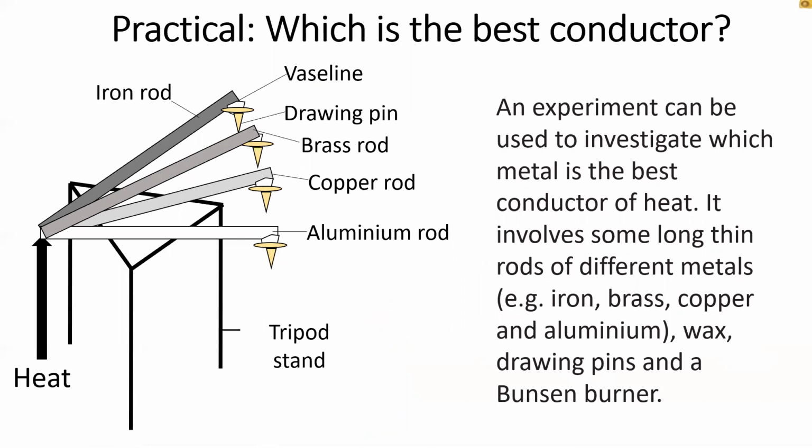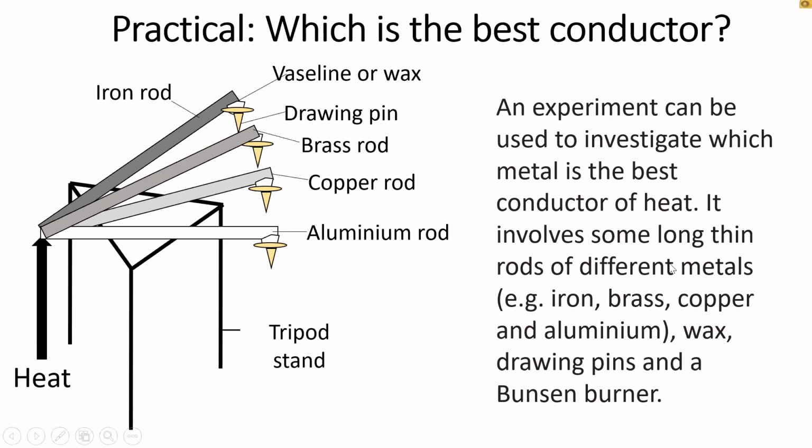So in class, your teacher might have done a practical similar to this. Sometimes Vaseline is used to adhere a drawing pin to metal rods, or alternatively, wax is used to secure the drawing pin. So this investigation can be used to investigate which metal is the best conductor of heat, so has the highest thermal conductivity.